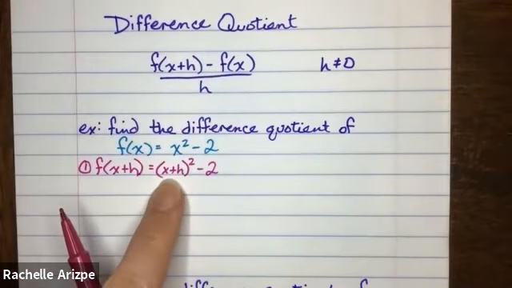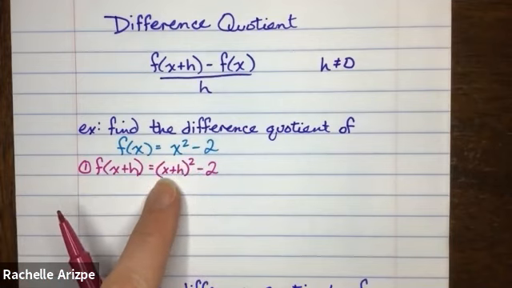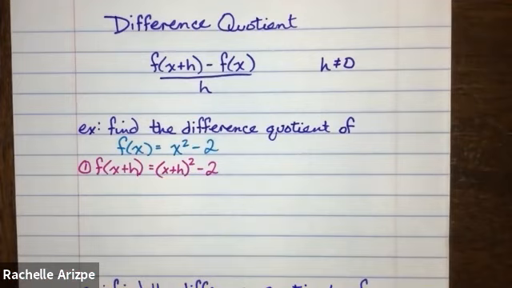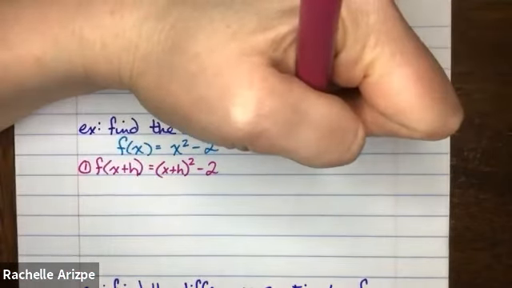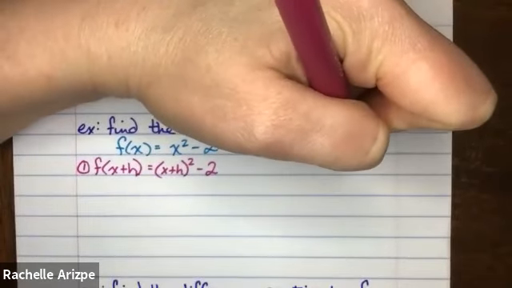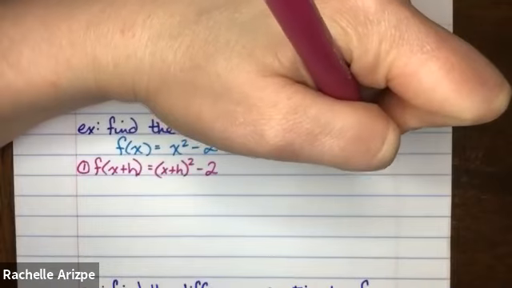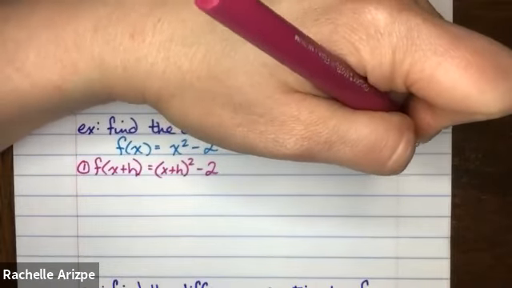Remember this x plus h squared, that is a perfect square trinomial, and we are able to use our formula to evaluate that. Remember, the formula here would be using the fact that a plus b squared is a squared plus 2ab plus b squared.